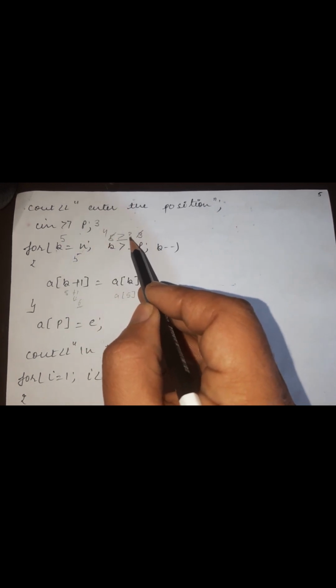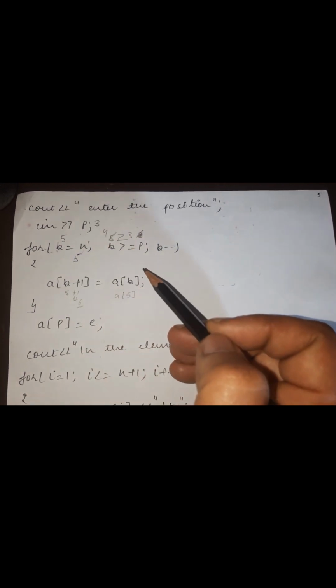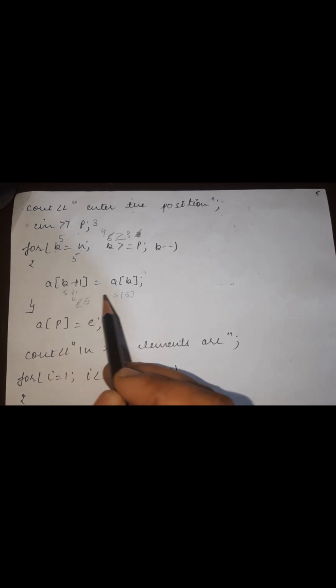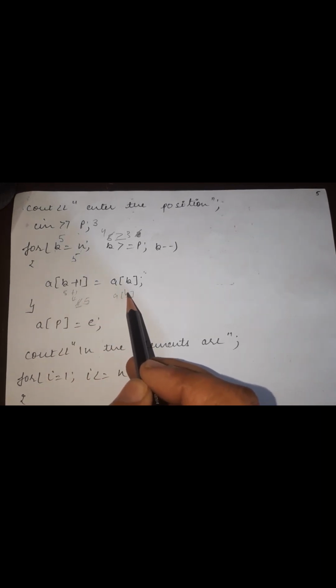4 greater than or equal to 3, again condition true. So 4 plus 1, it becomes 5. So here at a of 5, what value goes? A of 4 will go. After this k is decremented, k becomes 3. 3 greater than or equal to 3, again condition true. It means 3 plus 1, at the fourth position.